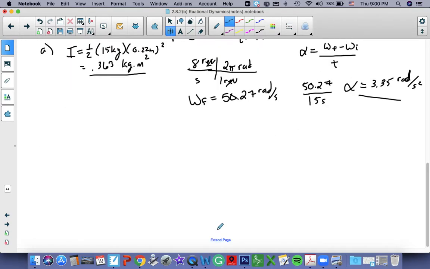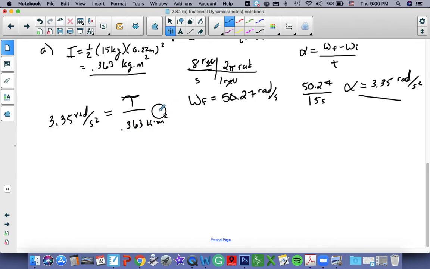So let's use those in our formula now. Moment of inertia, angular acceleration right there. So we have 3.35 radians per second squared is equal to my torque, tau, divided by moment of inertia, 0.363 kilograms times meters squared. And then how do we get that out of the bottom?